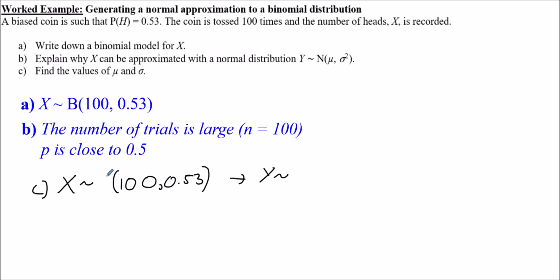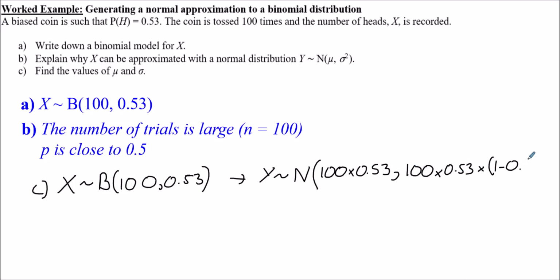Y is therefore going to be normal, the approximation to that. Now mu is n times p, which is 100 times 0.53, and sigma squared is going to be 100 times 0.53 times 1 minus 0.53.